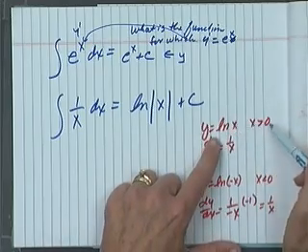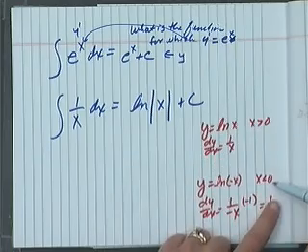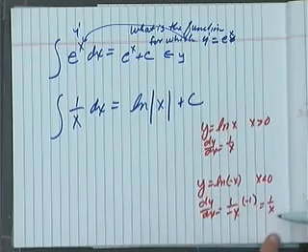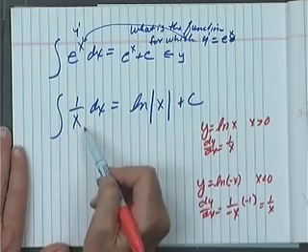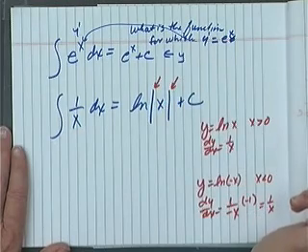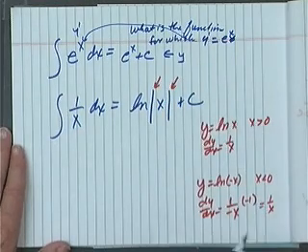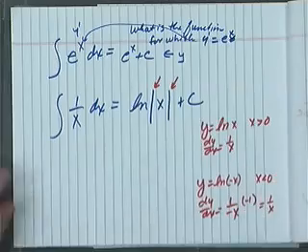So if x is greater than 0, the derivative of natural log x is 1 over x. If x is less than 0, the derivative is still 1 over x. So when we have the integral 1 over x dx, you must remember, unless you want to lose some points, that it's the natural log of the absolute value of x. Okay? All right, let's try another example.